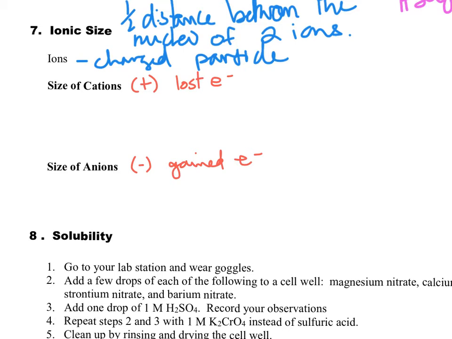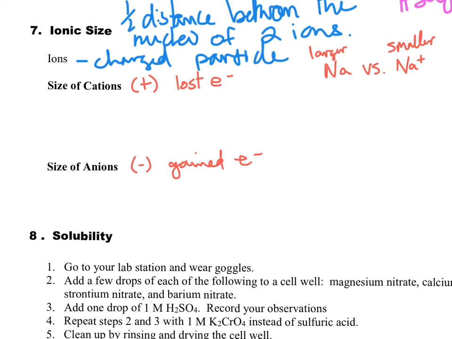So let's think about this. Let's say that we have a sodium atom versus a sodium ion. It turns out that a cation is always smaller than its parent atom. So the cation is smaller, the neutral atom is larger.